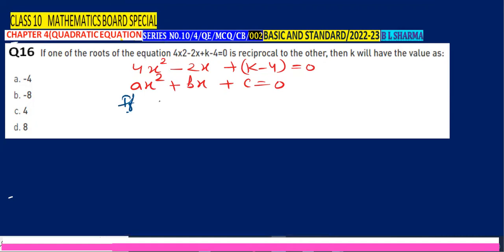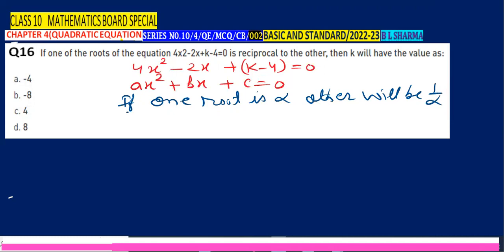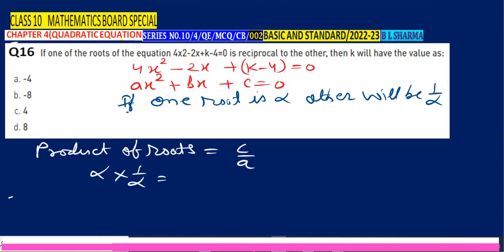If one root is alpha, the other will be its reciprocal, meaning 1 upon alpha. And we know that the product of roots is c upon a, ये वैसा ही है जैसे प्रोडक्ट ऑफ जीरोस था एज क्वाड्रेटिक पॉलिनोमियल जैसा. So here the product is alpha into 1 upon alpha.